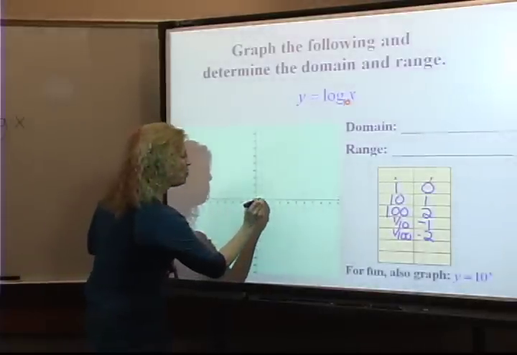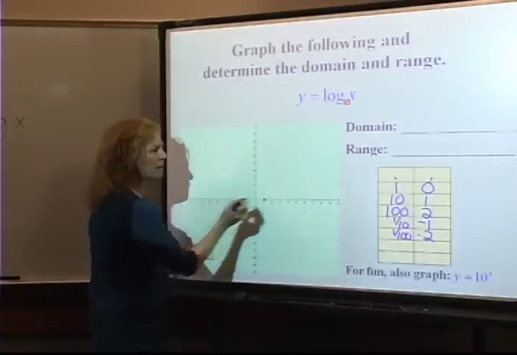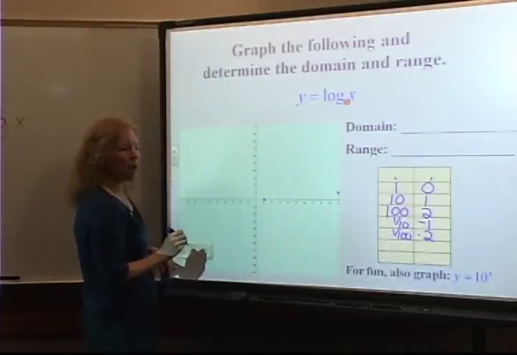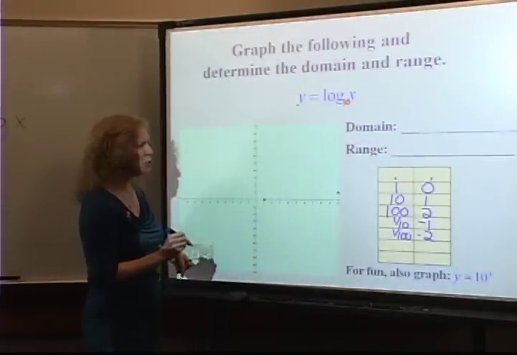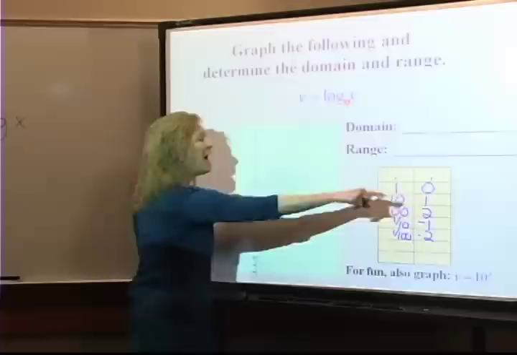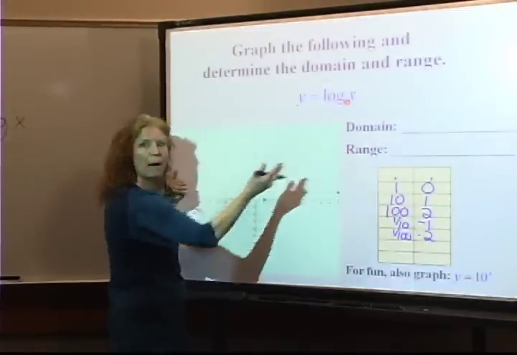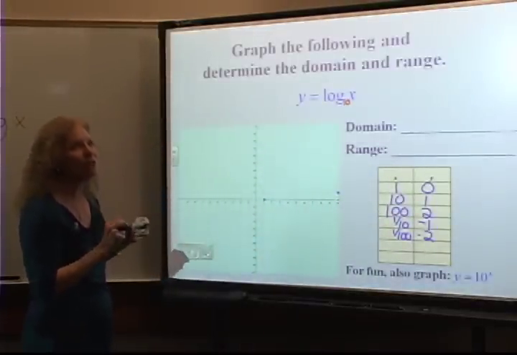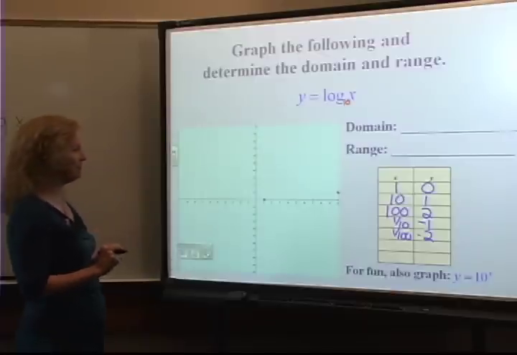So I have the point (1, 0). I have (10, 1). (100, 2). Yeah, I'm not going to graph that. Good gracious, that's all the way out there to 100 before it's gotten up to a y value of 2. Yeah, I told you they do grow very slowly.